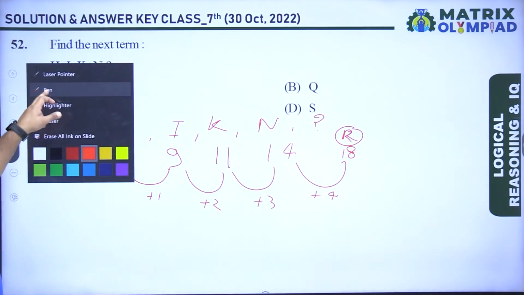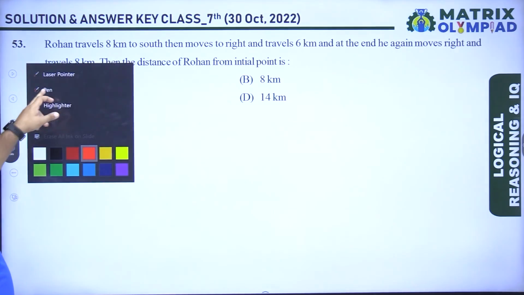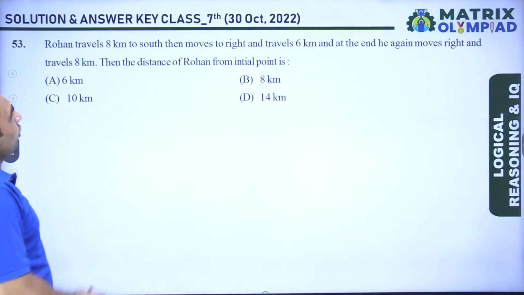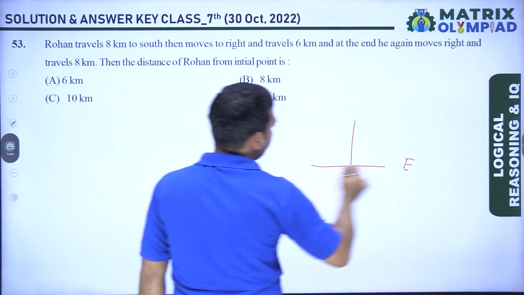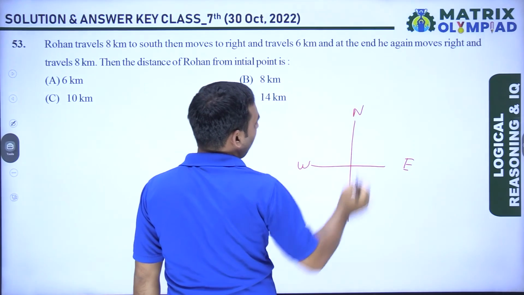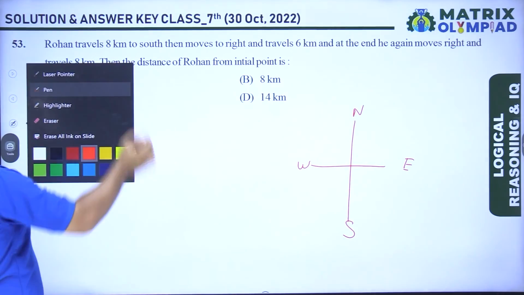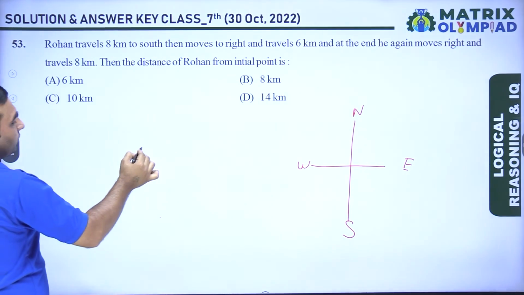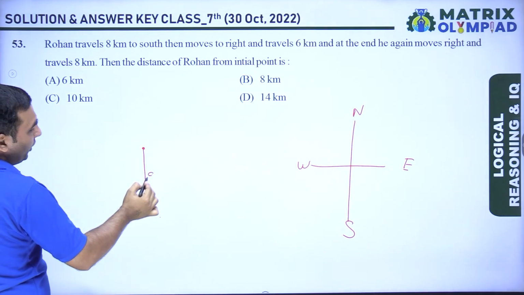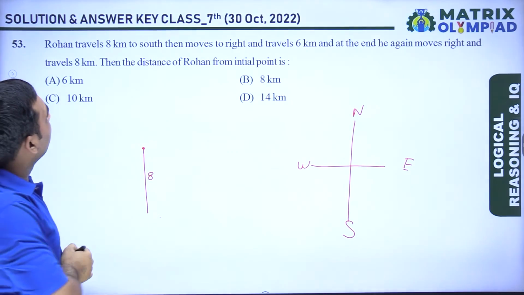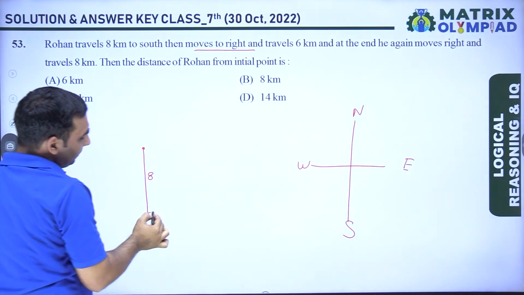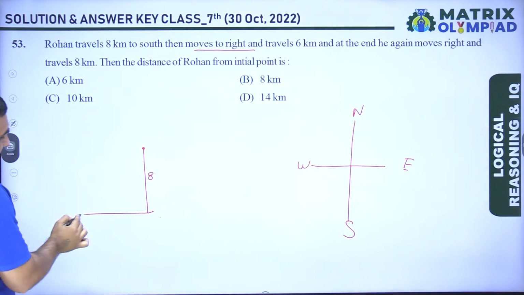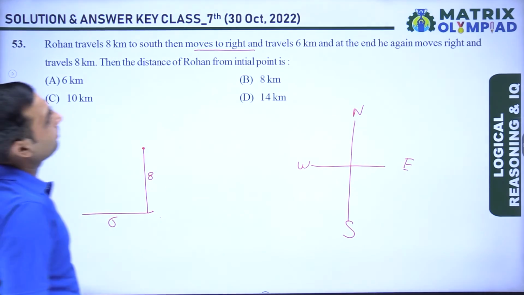Our next question is, Rohan travels 8 km to south. Our directions are east, west, north and south. Then he moves to right and travels 6 km.